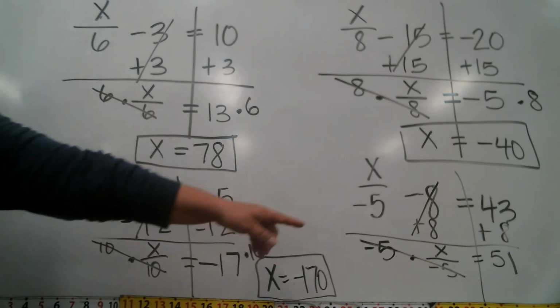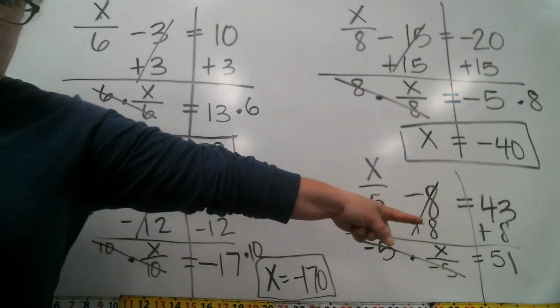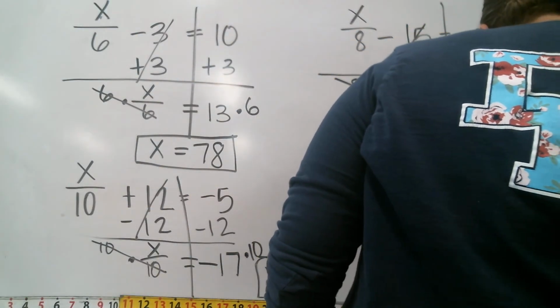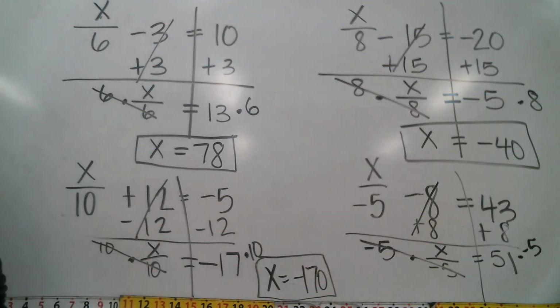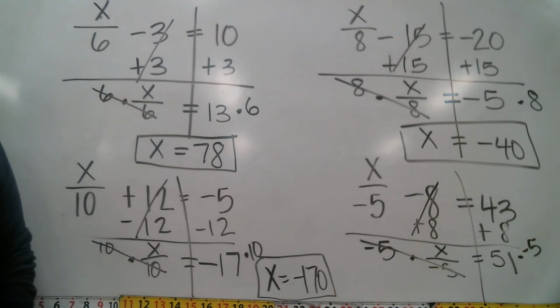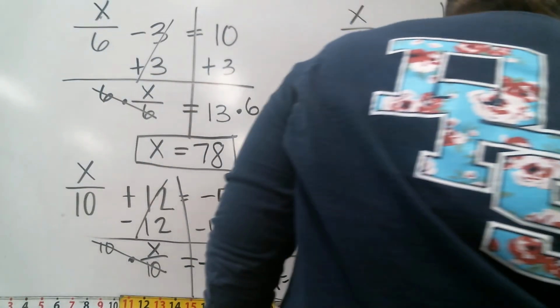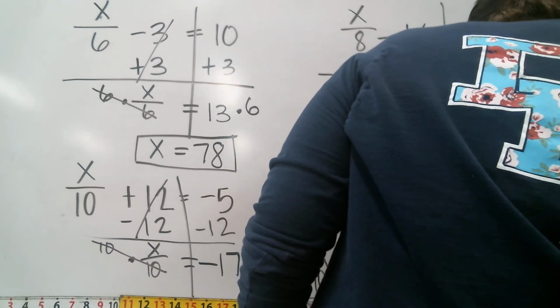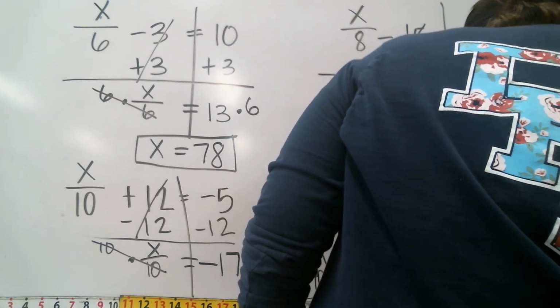What that's done is it's told me on the other side I have to multiply times negative 5 to get the solution. So I've got 51 times negative 5, which is going to be what? 255? Is that right? Negative 255. So I end up with x equals negative 255.